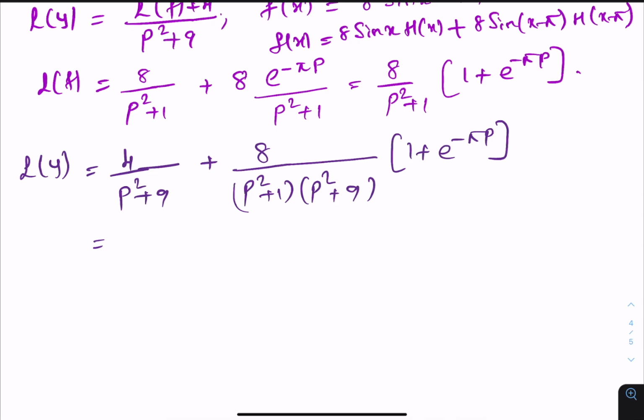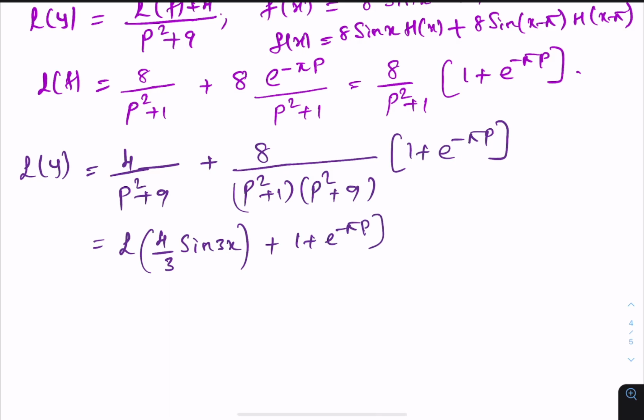This will remain as such. In fact, this you can write as Laplace transform of 4 by 3 sine 3x, right? And here, if you use partial fractions, you are going to get 1 plus exponential minus pi p, 8 of that. If you use partial fractions, then you can write it as 1 over p square plus 1 minus 1 by p square plus 9.